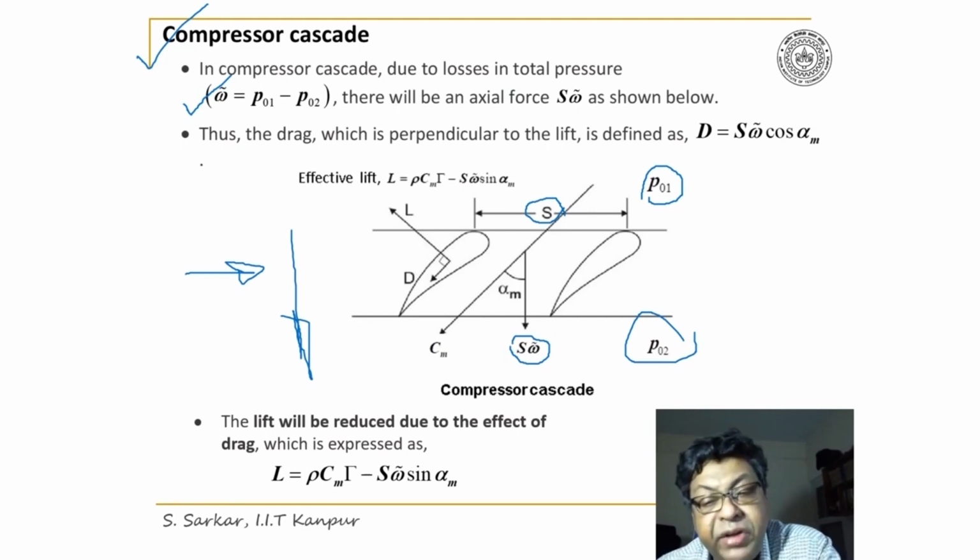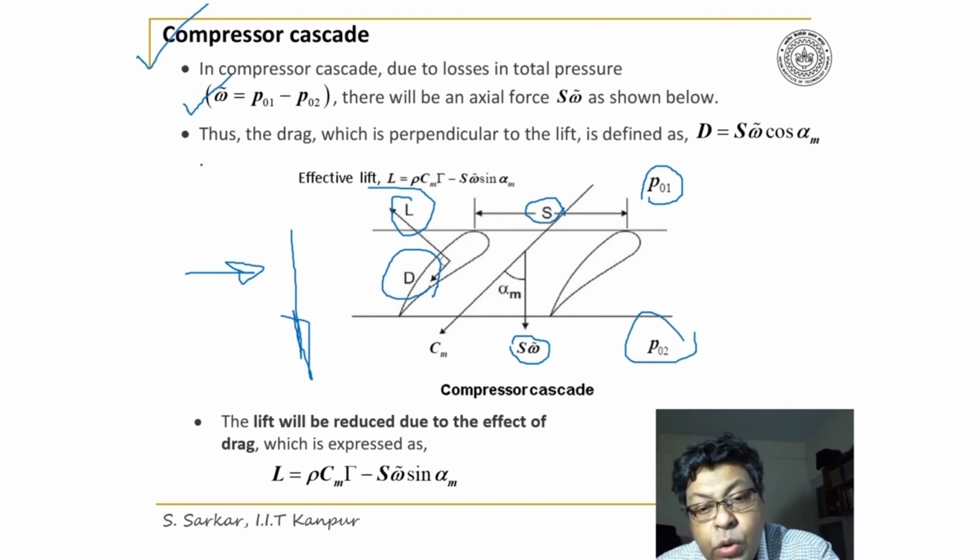Now, as for the definition of lift, lift is perpendicular to Cm, as I have shown, and the drag is parallel to the vectorial mean velocity.